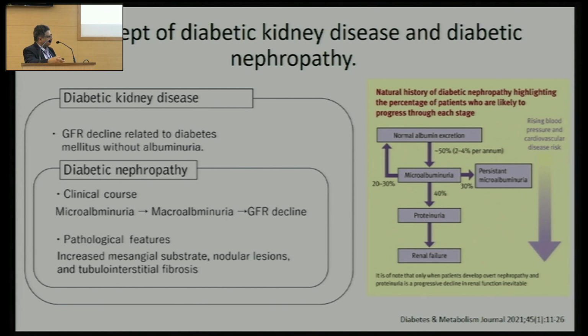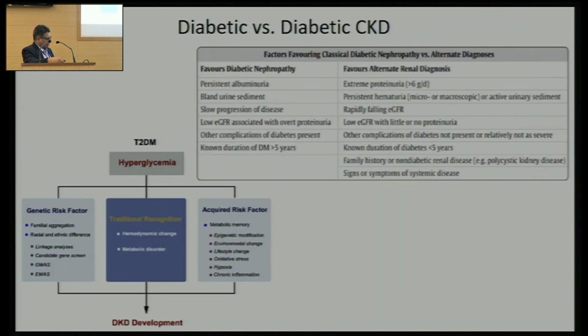Other complications of diabetes are not present, like no diabetic retinopathy, or if the duration of kidney disease is less than 5 years, or if there is a family history of other systemic diseases like polycystic kidney or SLE. These are the features by which we can suspect non-diabetic kidney disease in a DKD patient, and biopsy can give us the final answer.